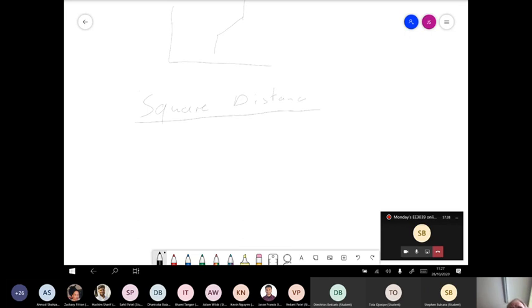The square distance. Now, the square distance has got nothing to do with the mathematical squaring operation. The square distance is defined as ds equals the summation i equals 1 to d of the max operator, mod ai minus bi.